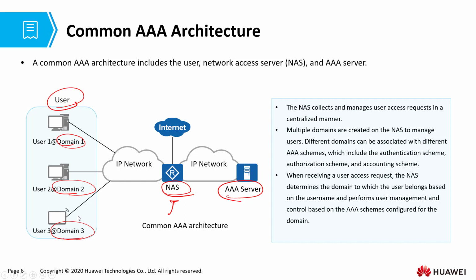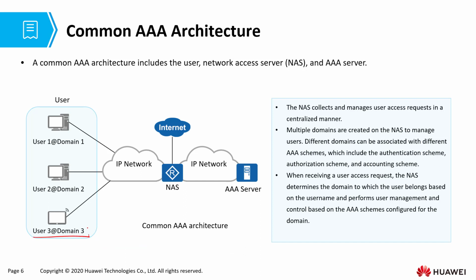When a network access server receives a user access request, the network access server will determine the domain to which the user belongs based on the username. As you can see, this user is user 3, but we add the @ symbol and the domain to which the user belongs.